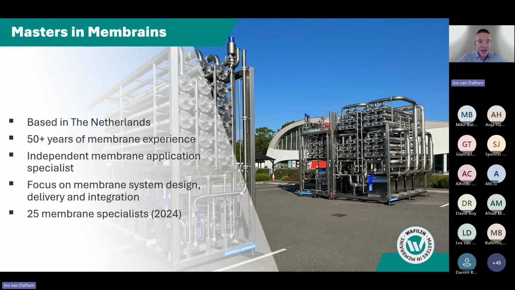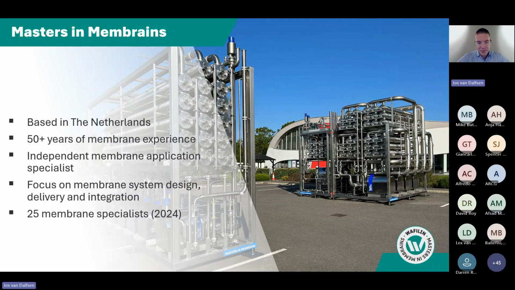But I have to highlight that we are an independent membrane application specialist, meaning that we offer a variety of membrane designs and membrane cutoffs to our customers based on the application we are dealing with. Sometimes it's a Berghoff membrane, and that's of course the majority of the topic of today. But sometimes there are alternatives simply because the process or the process conditions require that. I will touch on that a bit later.